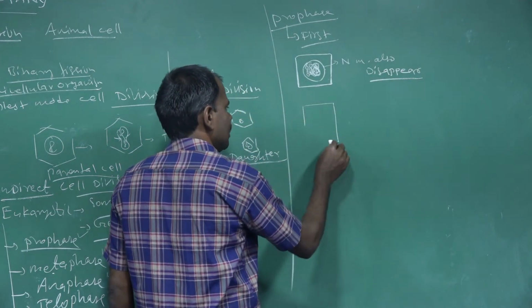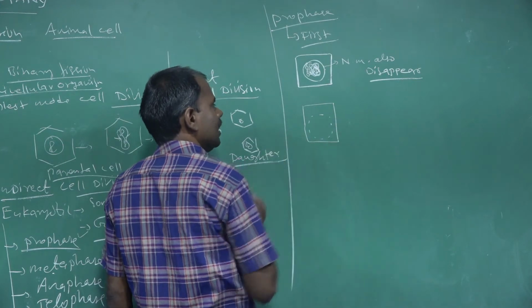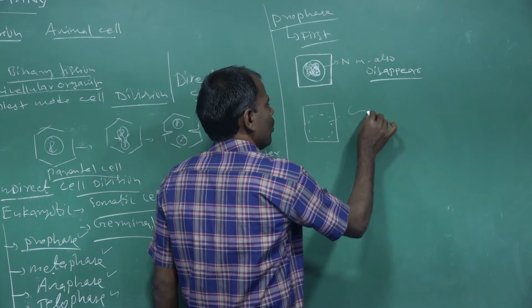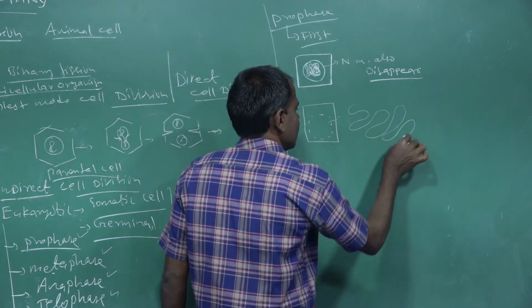In a normal cell, the nuclear membrane disappears. The chromatin reticulum condenses to form thread or filament-like structures.